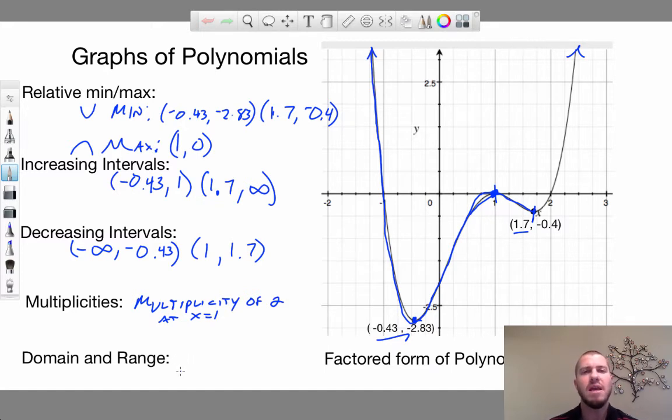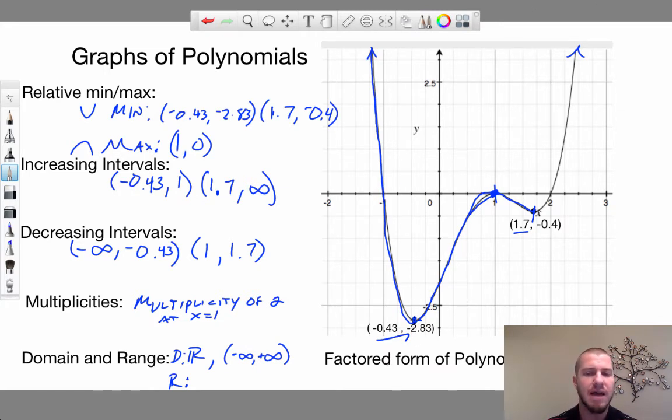The domain for the polynomials is always going to be all real numbers. We're going to start writing this in as intervals as well, though. Okay, so the interval for all real numbers is going to be from -infinity to positive infinity, and that's referring to all real numbers. The range in this case is going to be the y values, which are going up to infinity, but they don't go down to -infinity.